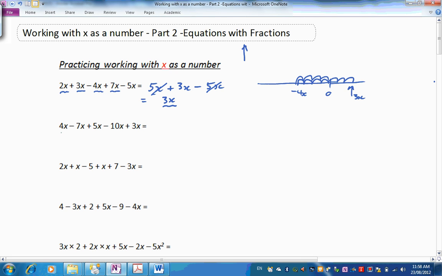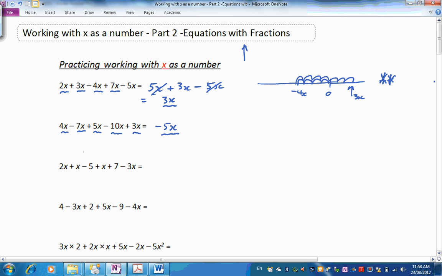Let's try and do them all together. 4x take 7x is neg 3x, plus 5x is plus 2x, take 10x is neg 8x, plus 3x is neg 5x. Now, I've done that all in a row. You might like to go back and do some of them, working them out on the number line there to make sure you understand the positives and negatives.